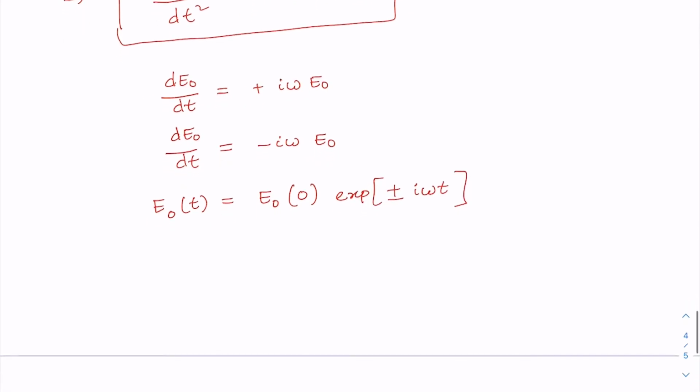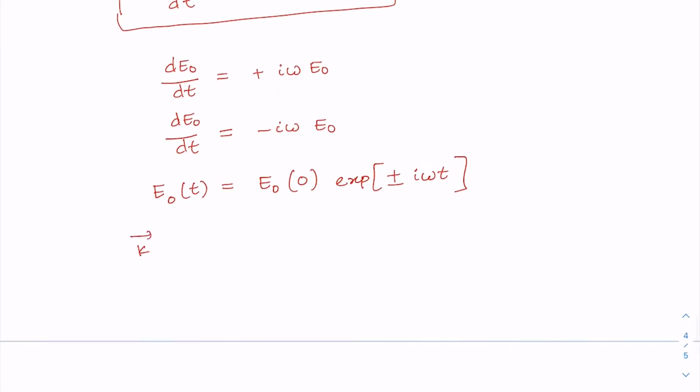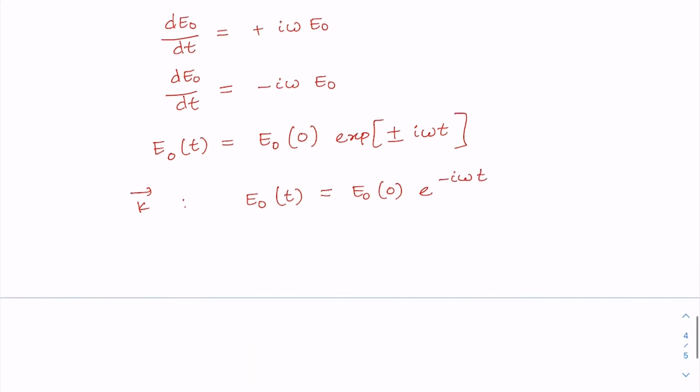Okay, so one solution is associated with a wave traveling along k, and that is E0(t) equal to E0(0) e to the power minus i omega t, associated with a wave propagating along the plus k direction. Another solution is associated with the wave going in the opposite direction, that would be E0(0) e to the power plus i omega t.